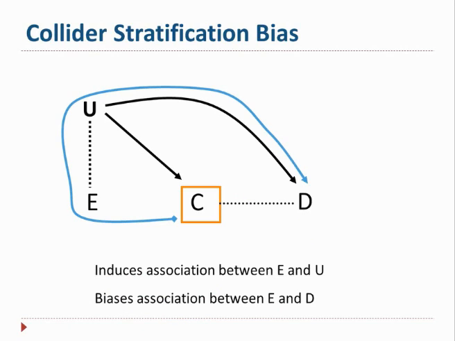So when you have a collider, the path is actually blocked before you start. But when you adjust for it, you end up opening up the backdoor path and creating bias. So this is a case where you don't want to be adjusting for C.